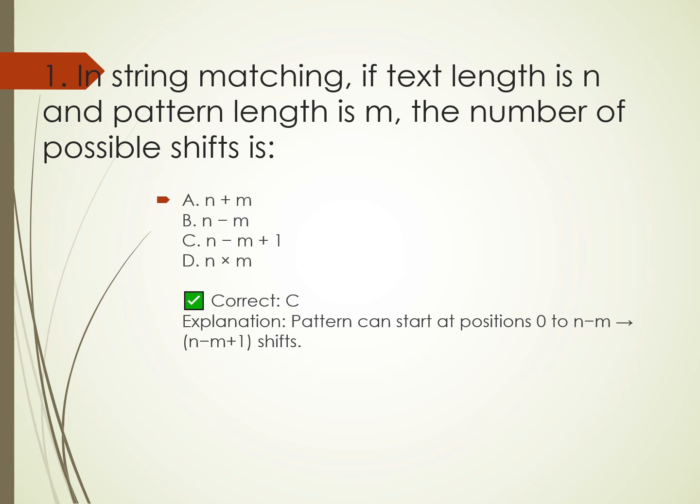The correct answer is C. n minus m plus 1, because the pattern can start at every position from 0 to n minus m, giving us possible shifts. A and B are wrong because they miss or add extra shifts. D is wrong because it's about comparisons, not shifts.